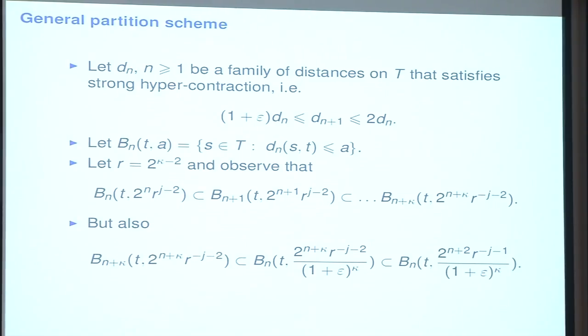We can use two things: here we've got a small epsilon, and here we've got kappa, which can be as large as we want. So if we look here, we will see that by our relations we can always say that this ball is contained in the ball in the distance d_n. So this is the hypercontractivity.